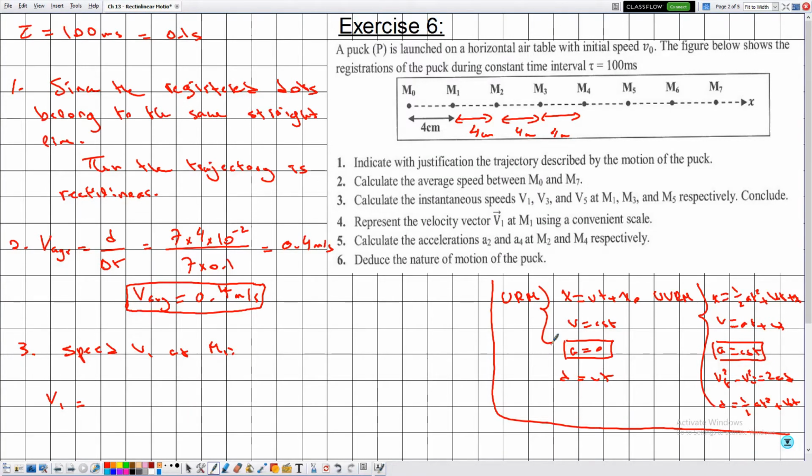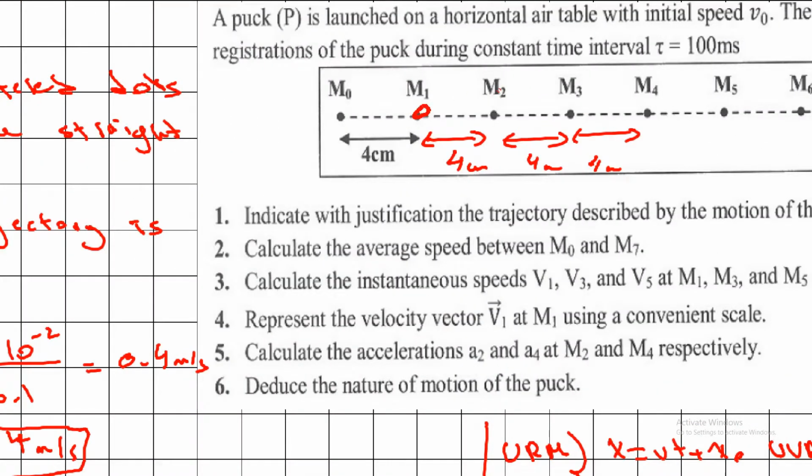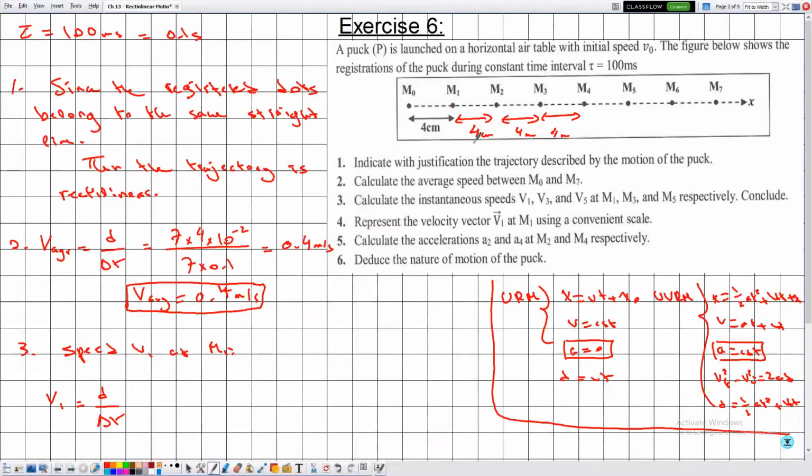But we can use the formula of the average speed because the time interval delta t is very small. So we can say that it is given by d over delta t, but here we are calculating the speed at point 1. So we take the closest distance around the point M1, which is M0M2, over how many time intervals, which is given by 2 tau.